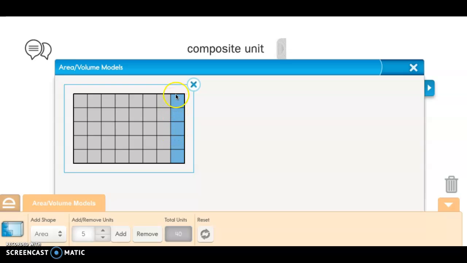There's a total of 40 little units in here, 40 little squares. 8 times 5, or 5 times 8, is 40 units total. So I could use what I know from this first line, and then I saw how many times it fit in there. Well, if there's 5 and it fits 8 times, 5 times 8 is 40.